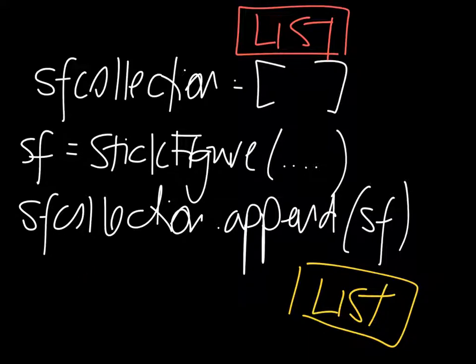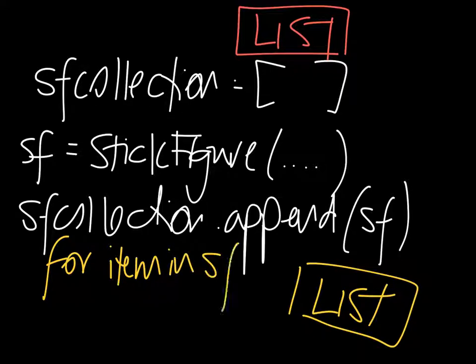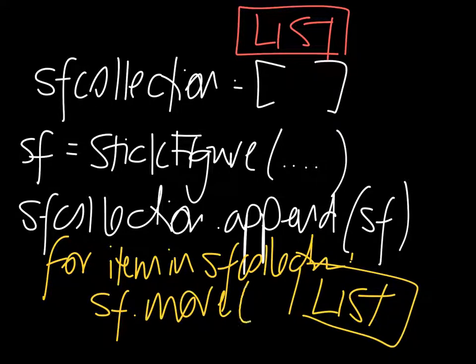So we'll come and look at that. What does that look like? Well, it's in your notes, but I will give you a very quick reminder. It looks like this: for item in the stick figure collection, and then you can do SF move or undraw.